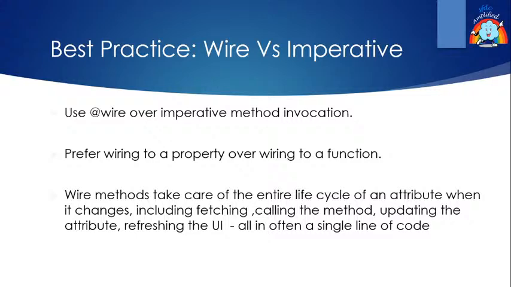So our objective is to get it through wire whenever possible. And whenever we are doing a DML operation, we cannot get it through wire, so that time we have to use imperative. But whenever possible, use wire. And even in wire we should prefer wiring to a property over wiring to a function.